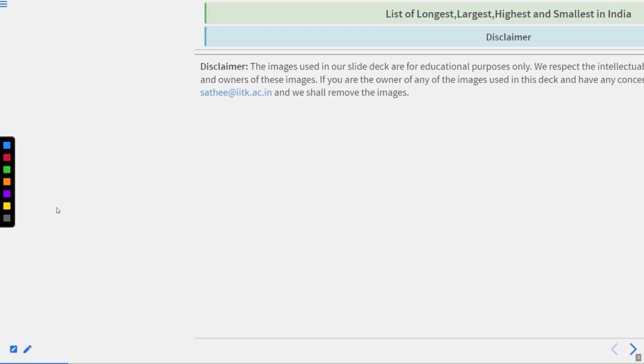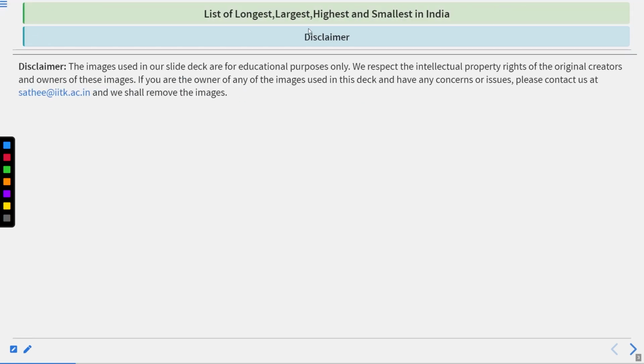Okay. But before this, there is a small disclaimer that we are required to understand. So let's begin with the disclaimer. The disclaimer states the images used in the slide deck are for educational purposes only. We respect the intellectual property rights of the original creators and the owners of these images.